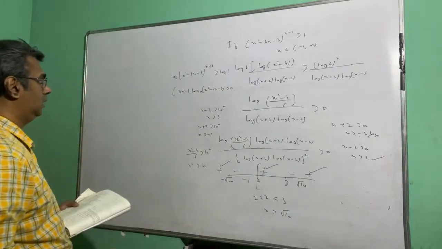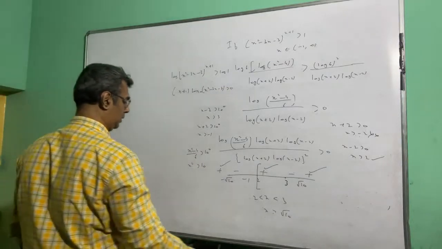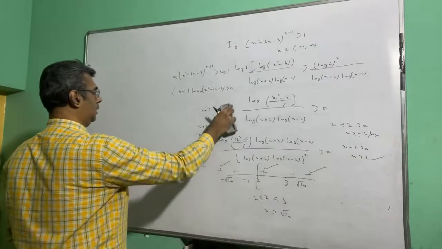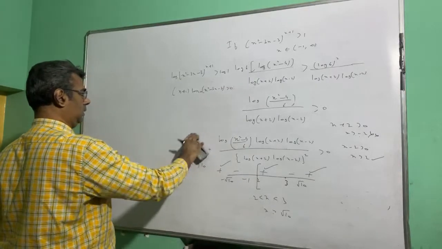So x plus 1 into log of x squared minus 3x minus 3 to the base 10 will be greater than 0.